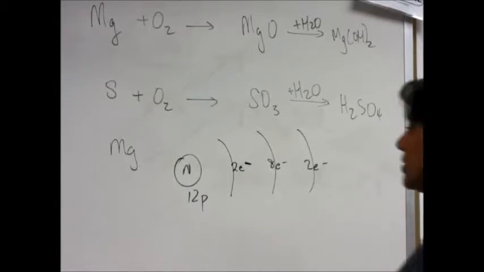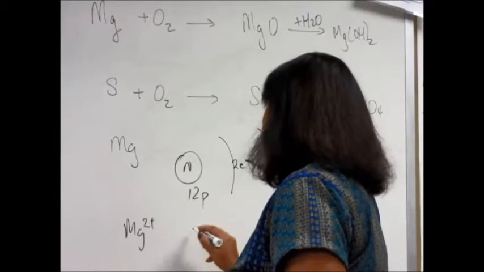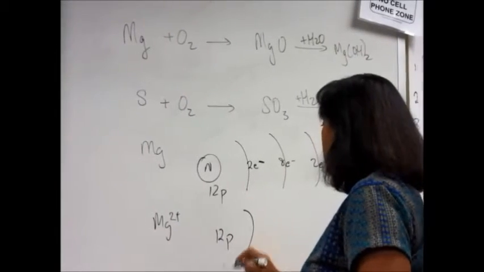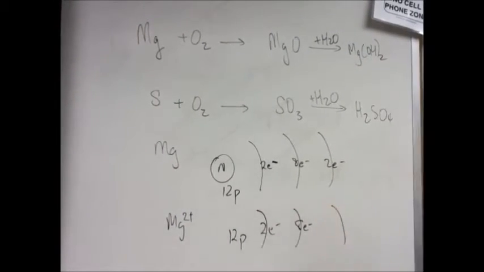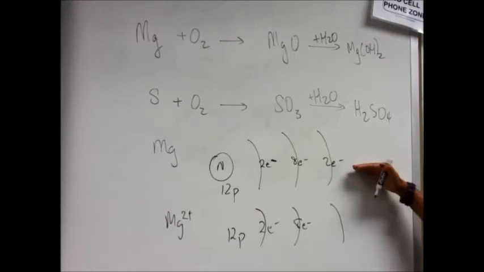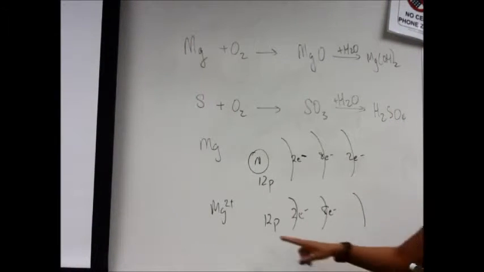But then when you start having something like magnesium 2+, you have the nucleus, and in the nucleus you still have the 12 protons, but now you only have this much, right? Because you gave away 2 electrons. So when you look at the neutral atom and the ion, specifically the cation over here, what happened to the effective nuclear charge?